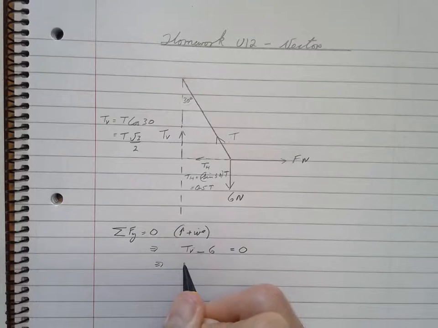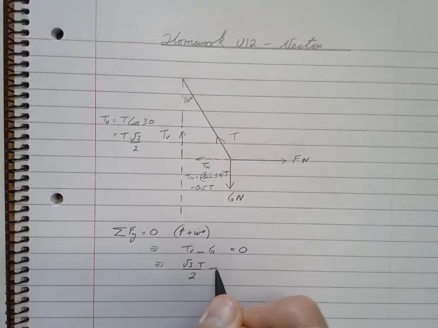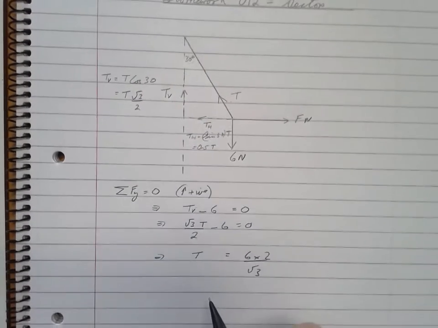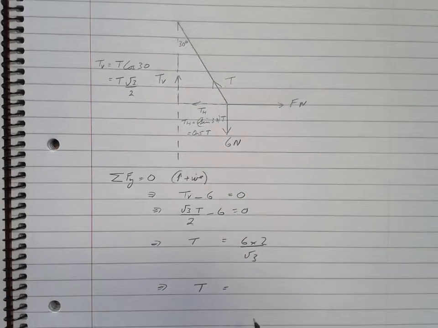So we've now got root 3 times T divided by 2 minus 6 is equal to 0. We take the 6 across, multiply through by the 2, divide through by root 3, and that gives us a tension of 6.93 newtons.